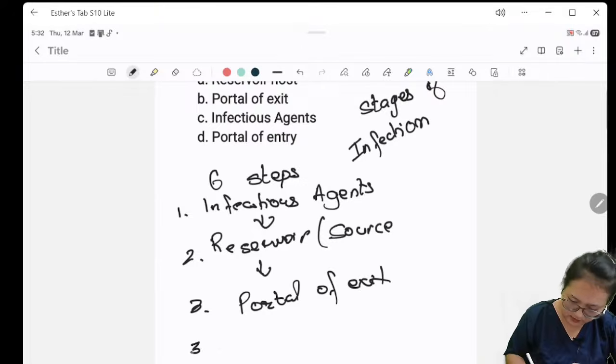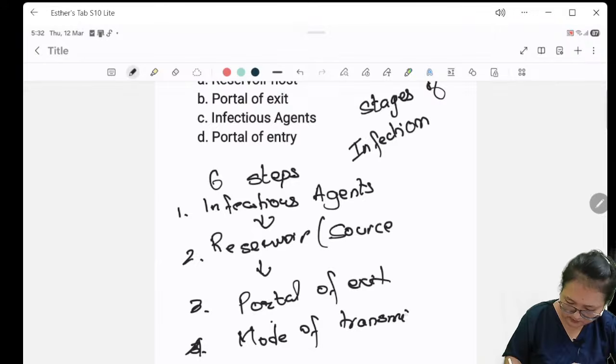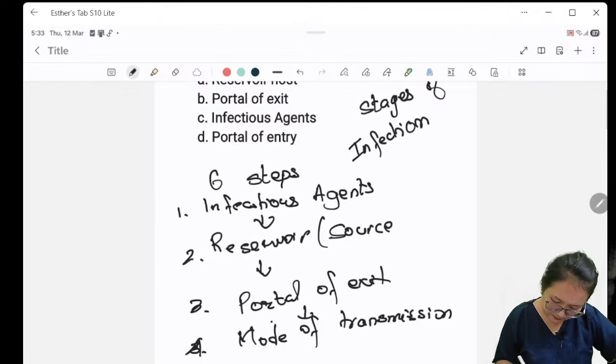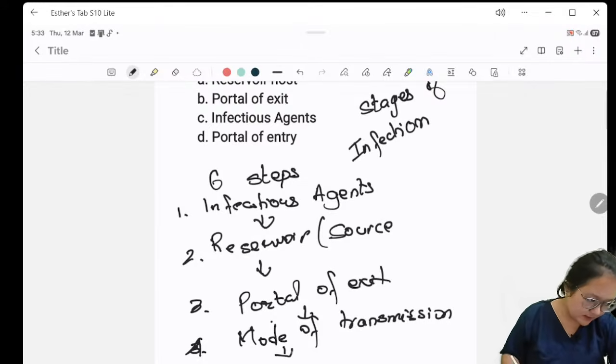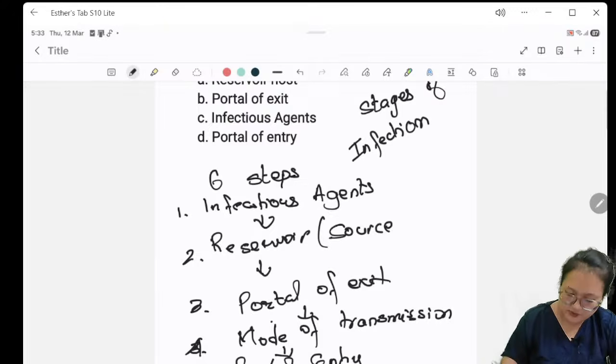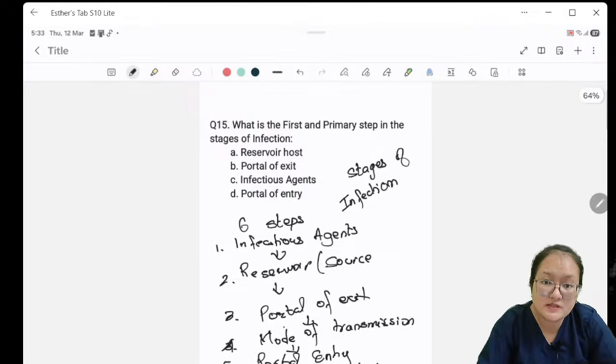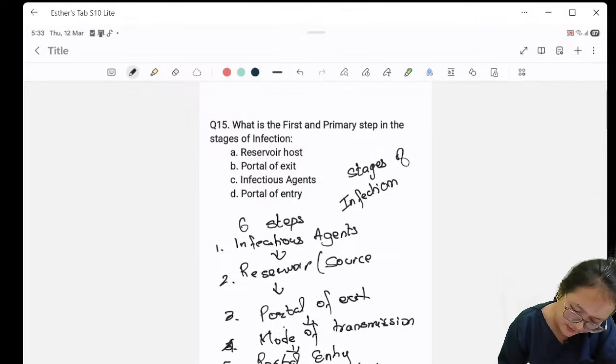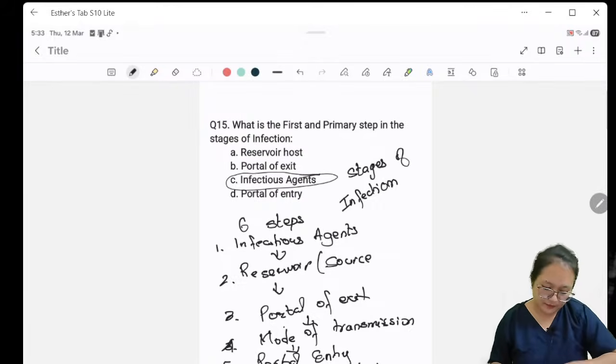Then we have mode of transmission. Then fifth, we have portal of entry. Then we have susceptible host. So the first and primary step in the chain of infection will be C, infectious agent. This is the right answer.